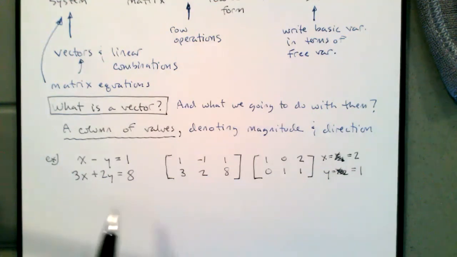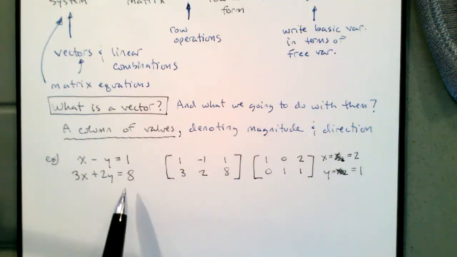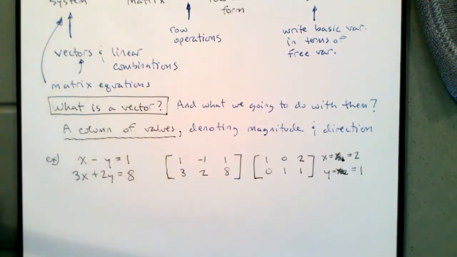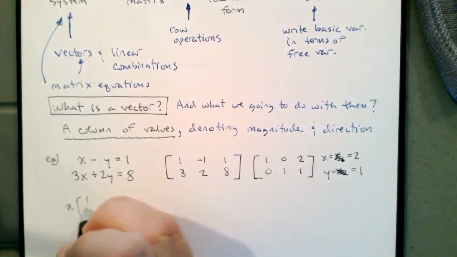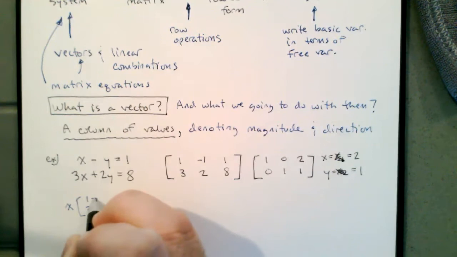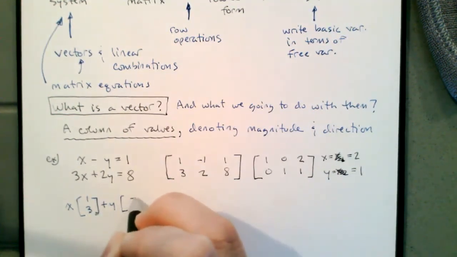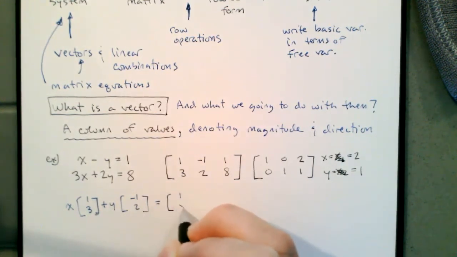So what I'm going to do is take this linear system and write it as a vector equation. I'm going to have a vector for the x's, a vector for the y's, and a vector for the constants. We can write this as a vector equation by saying x is multiplied by the vector 1, 3. Y is multiplied by the vector -1, 2. And I want this to equal the vector 1, 8.